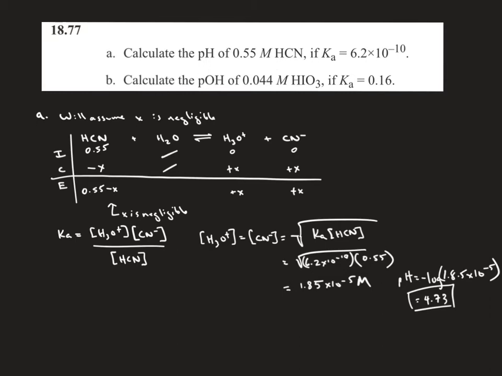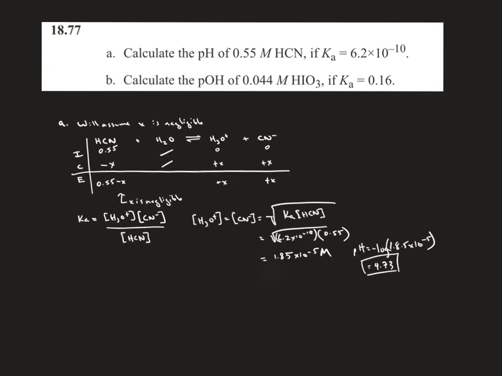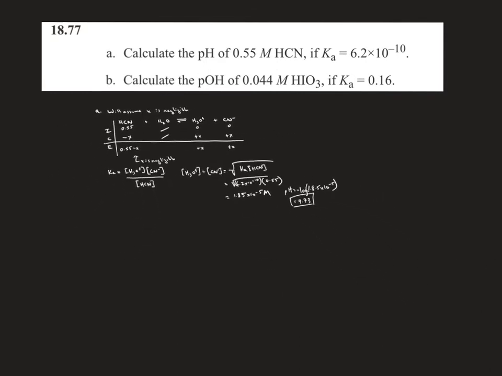And then for B, what we realize here is that ultimately this just becomes finding the hydrogen ion concentration, and the anion's concentration is really just the square root of Ka times the acid's initial concentration. So we're just going to shortcut straight to that.